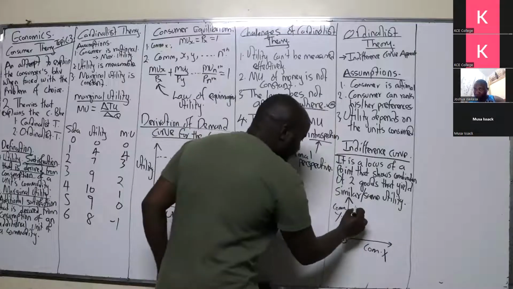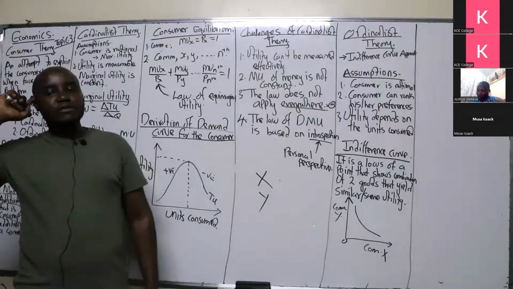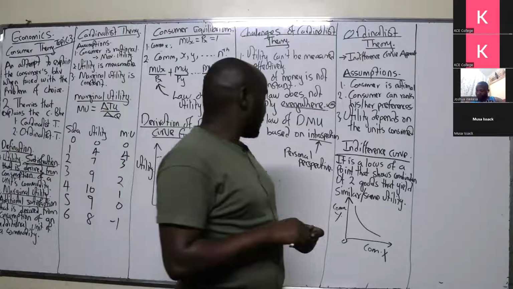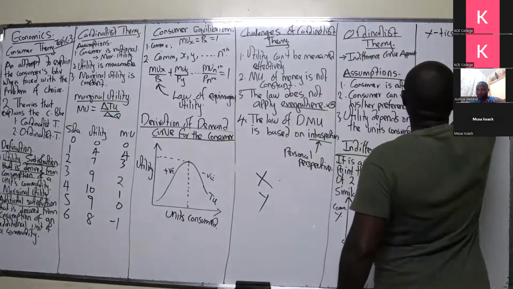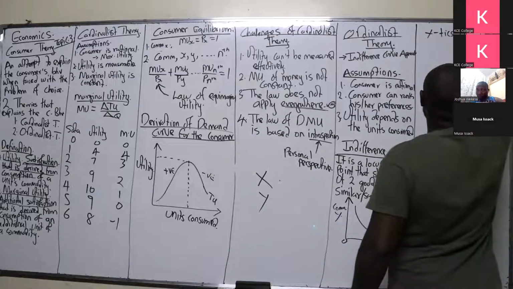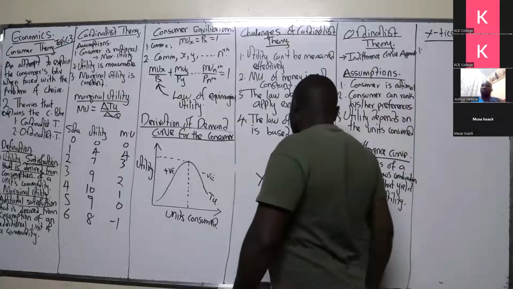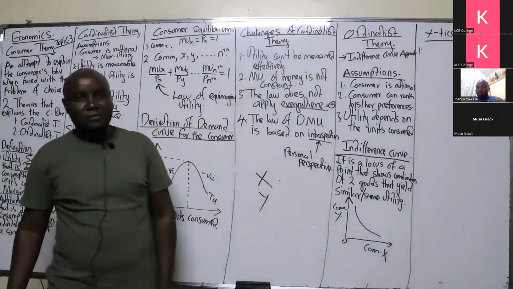The indifference curve looks like that. Meaning we can have some of the characteristics of indifference curves. What do you see with it? I may not be so good at drawing, but what do you see here?